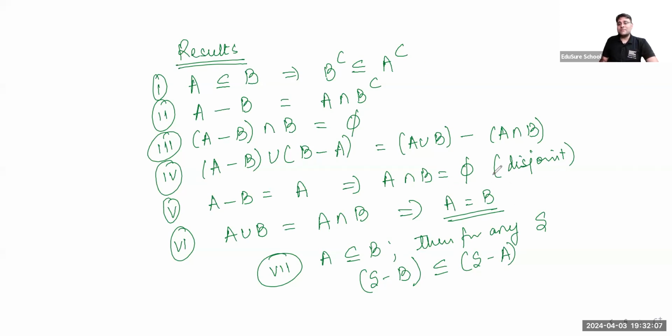Equivalent means that the number of elements are the same. Number of elements can be same for different sets also. Anyway, 7th one is this one. If A is a subset of B, then for any other set S, S minus B will be a subset of S minus A.